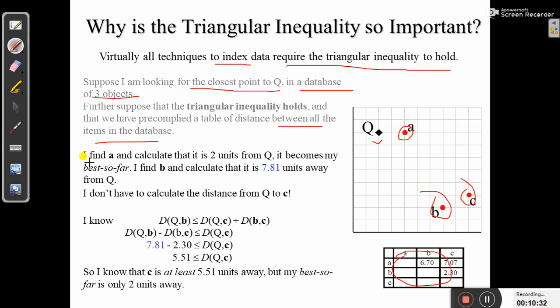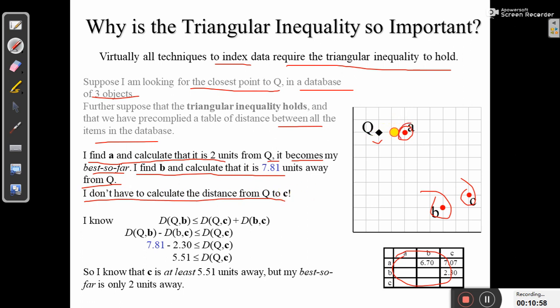If I find A and calculate that it is 2 units from Q, it becomes my best so far. If I find B and calculate that it is 7.81 units away from Q, then I do not have to calculate the distance from Q to C. Why?